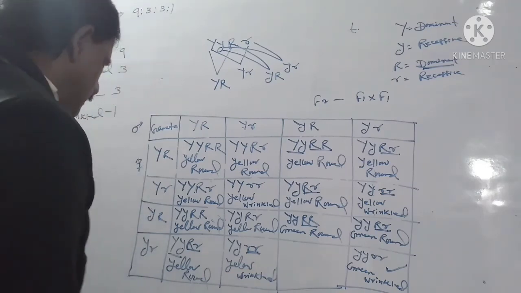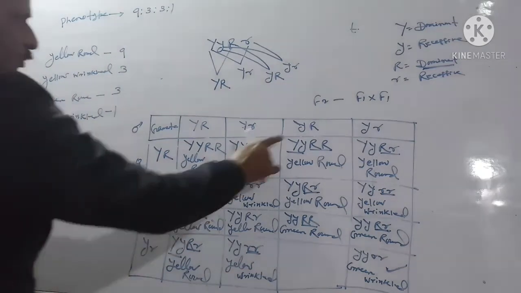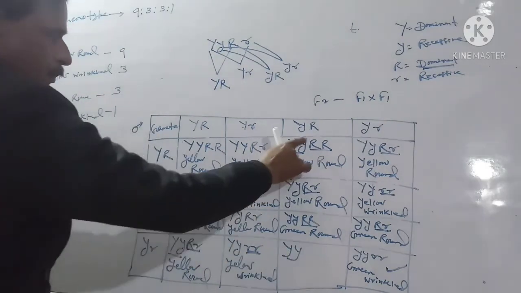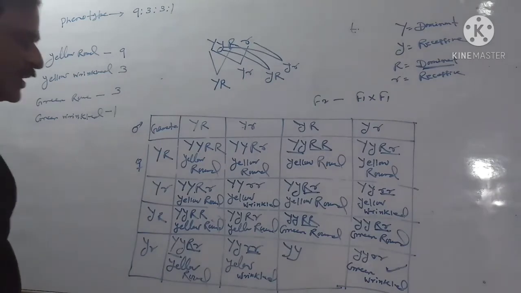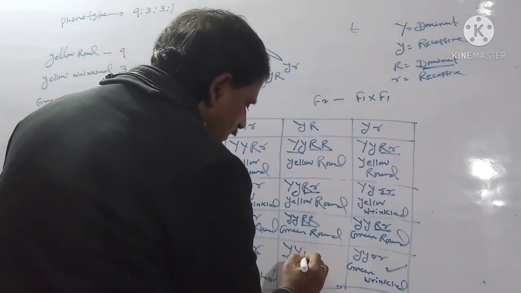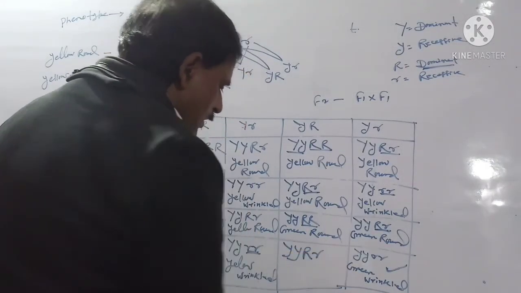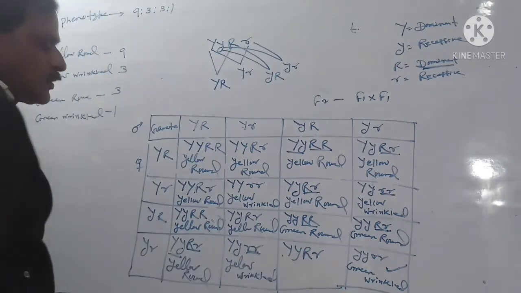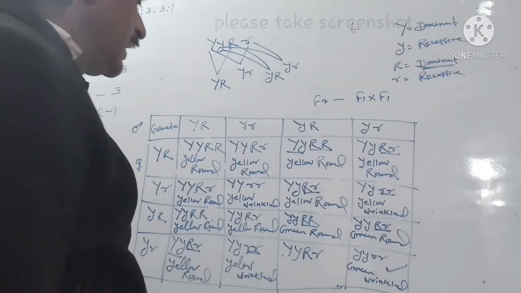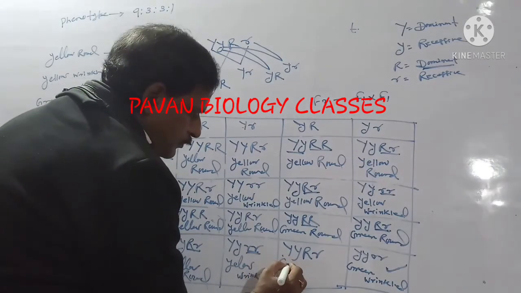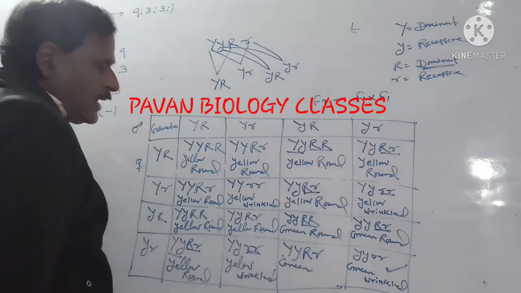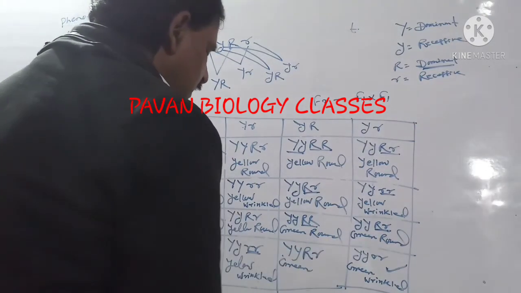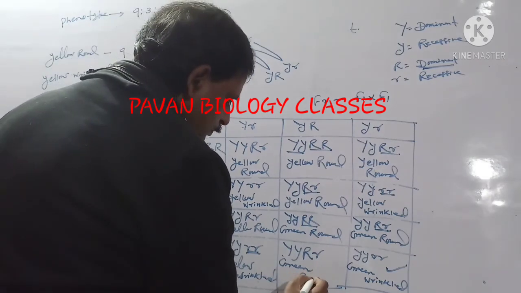The next is small y, small y, capital R, small r. The capital letter is written first, then small. Here small y, small y is a recessive character and indicates green, and capital R is dominant and indicates round.